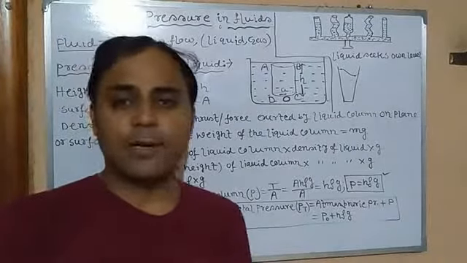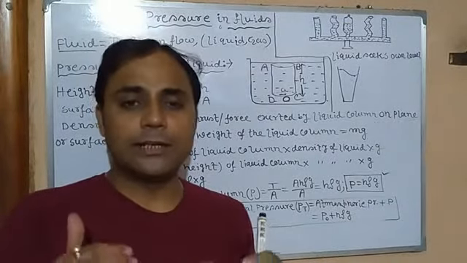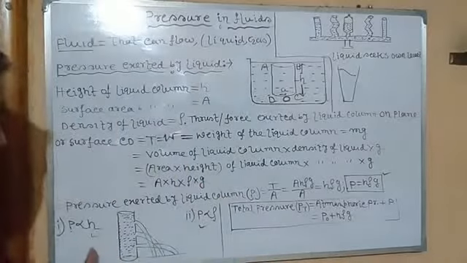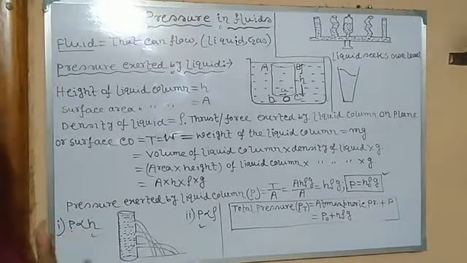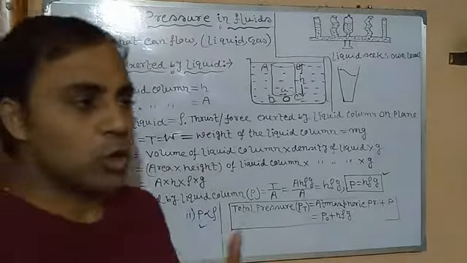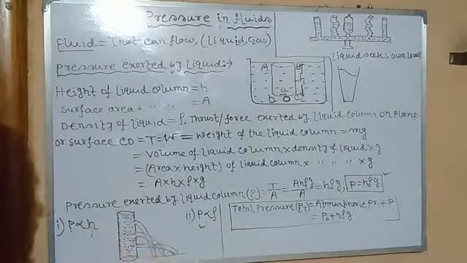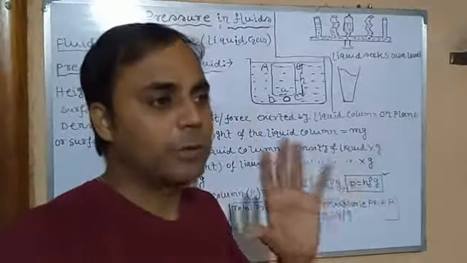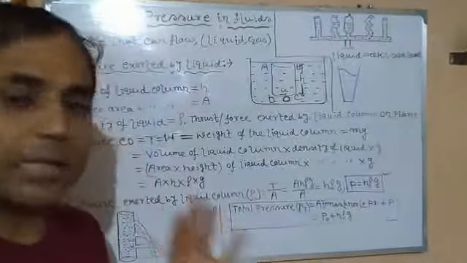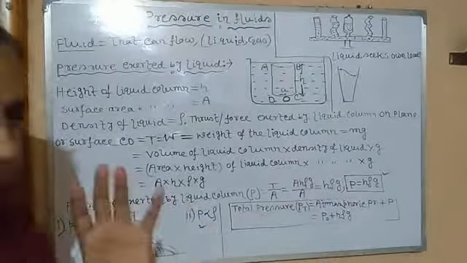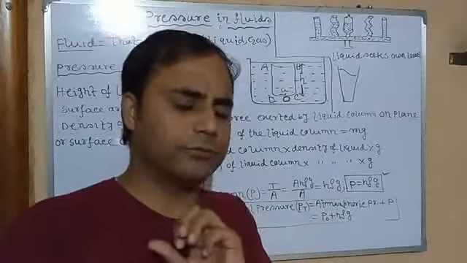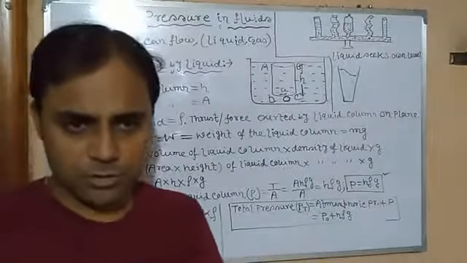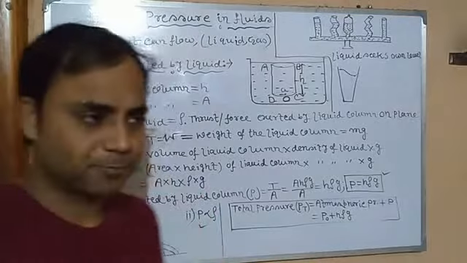At the bottom, in case of a dam, the wall of a dam is generally made thicker at the bottom, because as we have already learned, the pressure exerted by liquid increases with depth. So the pressure at the free surface of a dam at the upper level is very less, whereas the pressure of the water at the extreme bottom is very immense. So that the dam can tolerate that immense kind of pressure, the wall of the dam is generally made broader, isn't it?